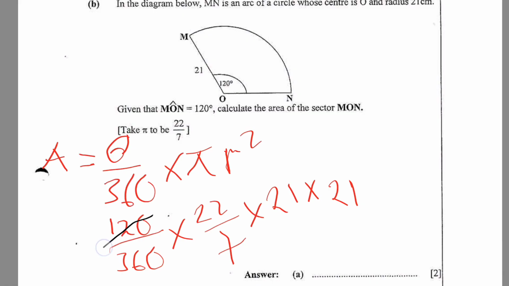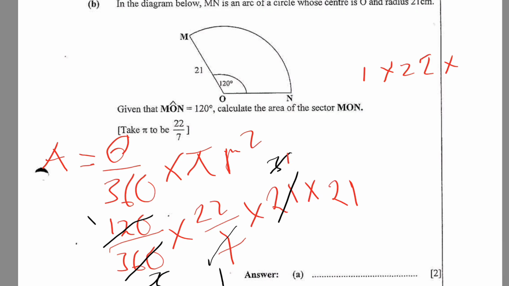Now, 120 into 360 goes 3 times. Now we are just reducing. That's the rule of this question. 7 into 7, 1. 7 into 21, 3. And we have this 3, so this 3 and this 3 cancel. So on the numerator we are remaining with 1 times 22 times 21.